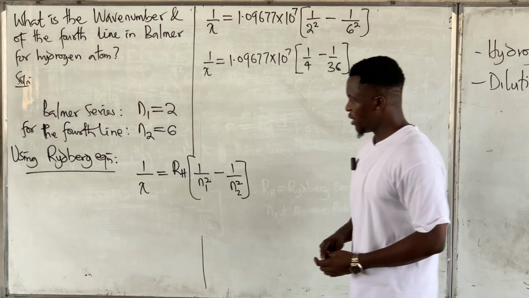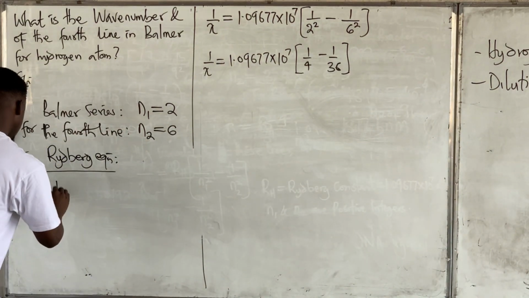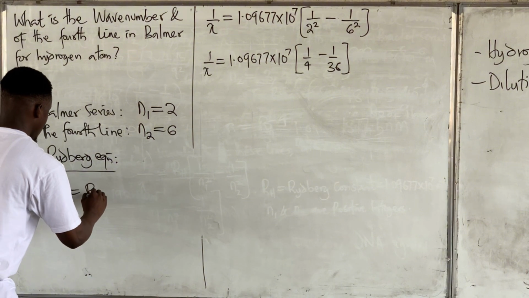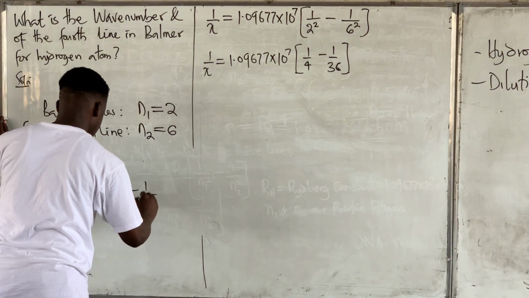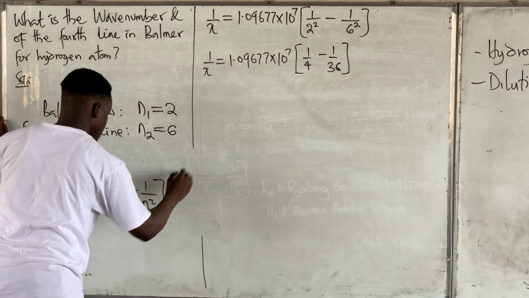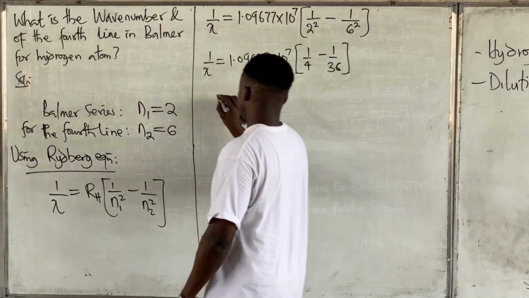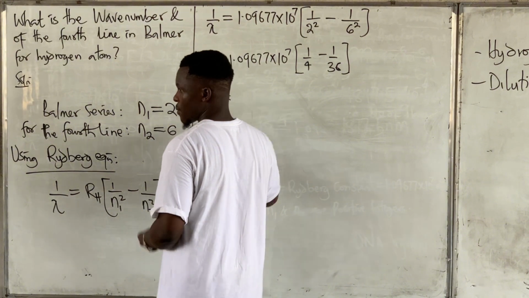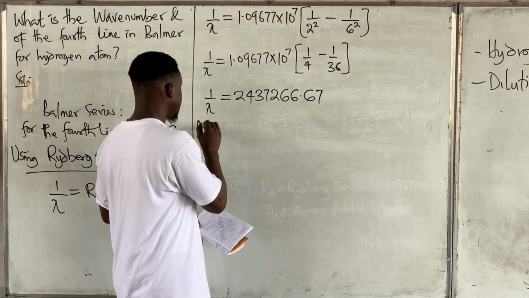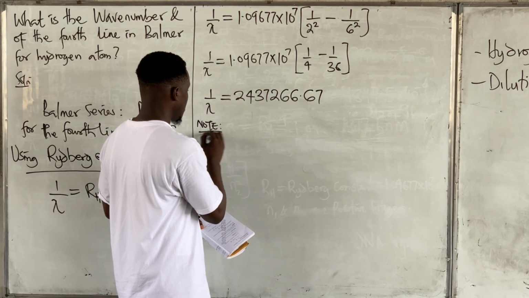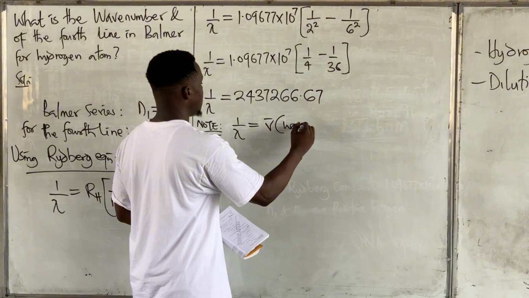Please, I need your calculator here. Note that 1 over lambda is wave number.